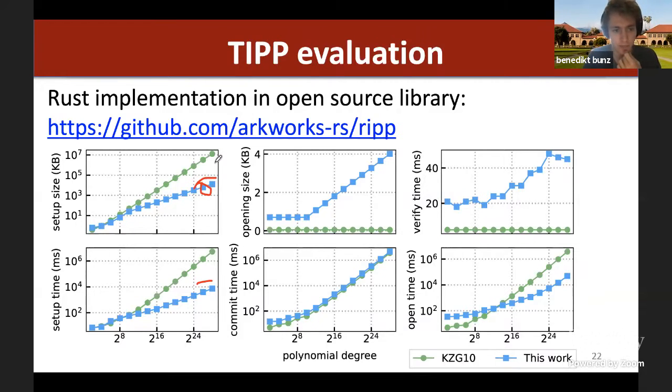You have something like 3 gigabytes versus only a few megabytes. And also the opening time or evaluation time grows only as square root of D, and this shows up in the concrete numbers. And the verification time and the opening size is larger, but it remains reasonable for all of the values that we've tested.